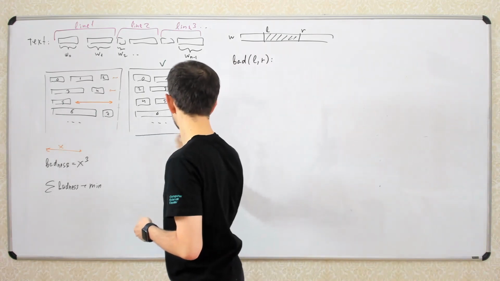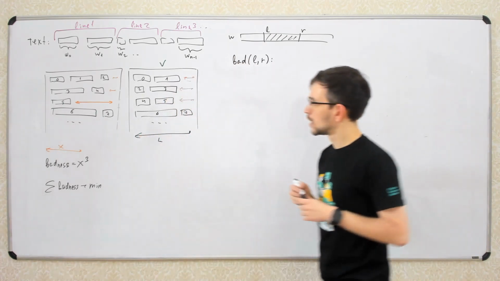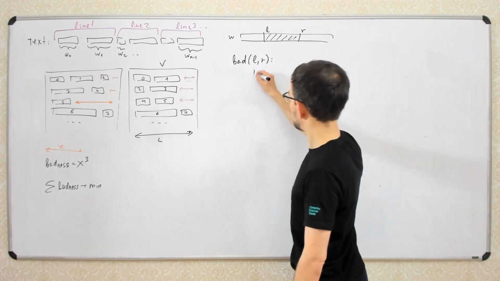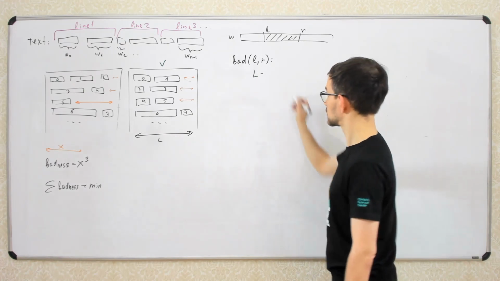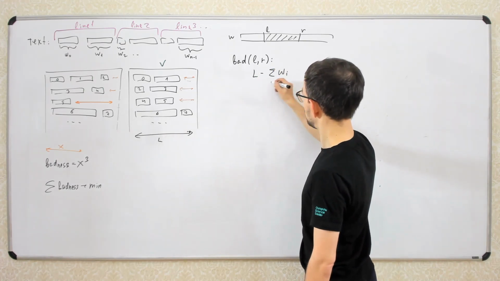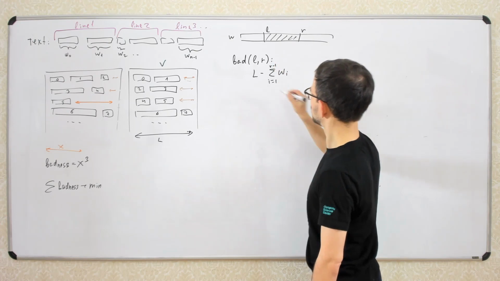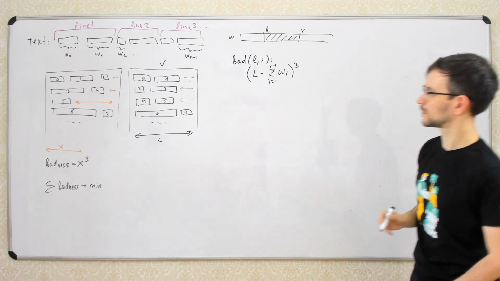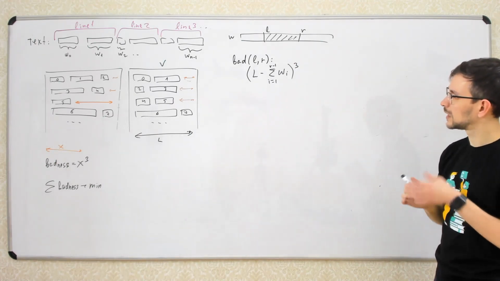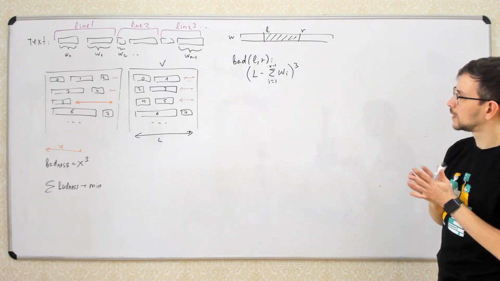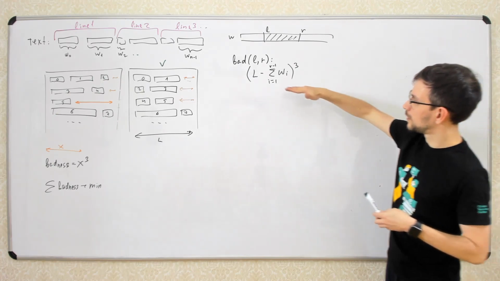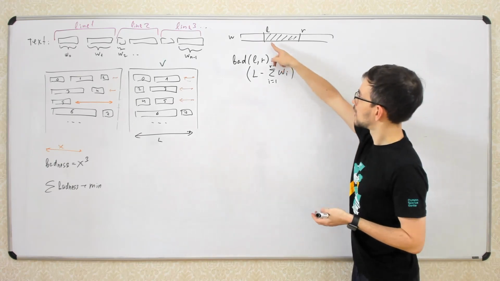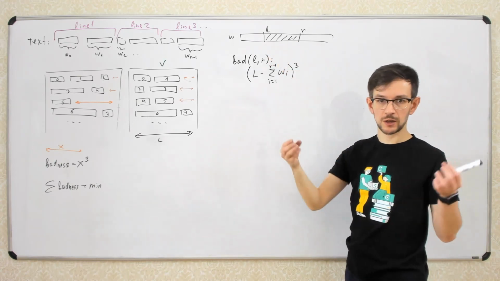Let's say the length of the line is L. So the gap at the end will be equal to L minus the sum of Wi from L to R minus 1, cubed. This is the function which specifies what badness you will produce if you put words from L to R minus 1 on a single line of text.